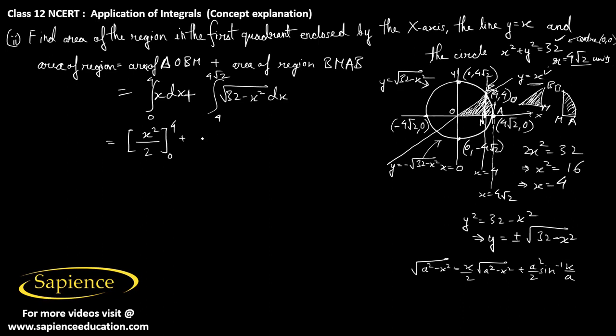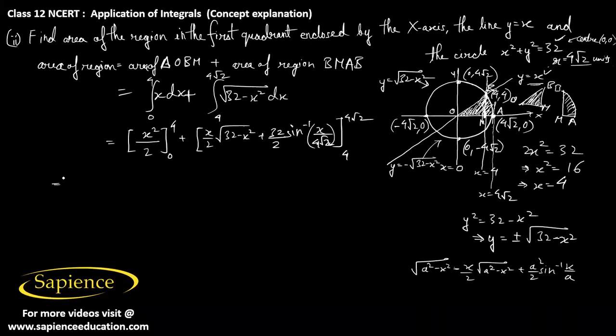So we will write it as plus (x/2)√(32 - x²) plus a²/2 times sin⁻¹(x/a). Here a² is 32, and a is 4√2, and it is going from 4 to 4√2.